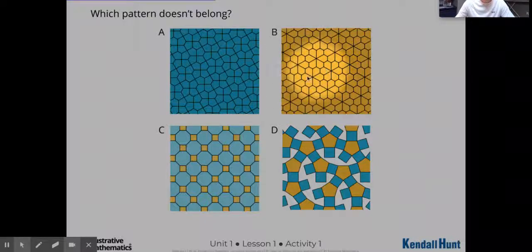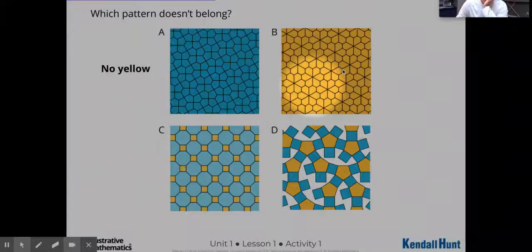The yellow one. So how is this one different from this one? Do you see any yellow on the first one? Do you see yellow on A? No. All right, there's no yellow on that one.